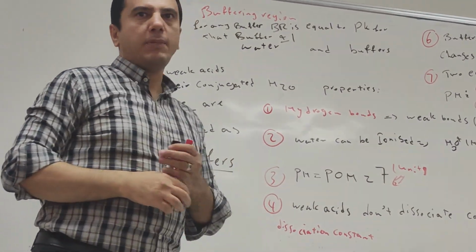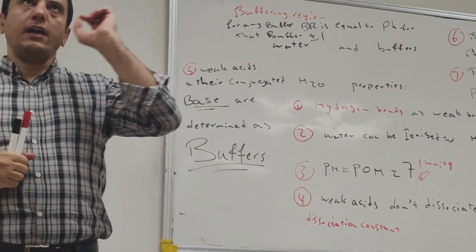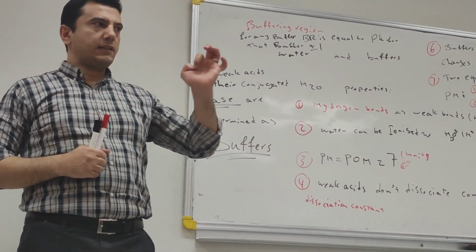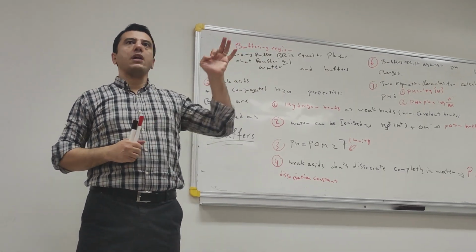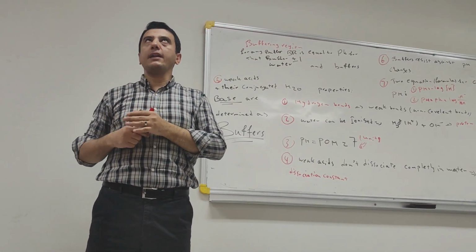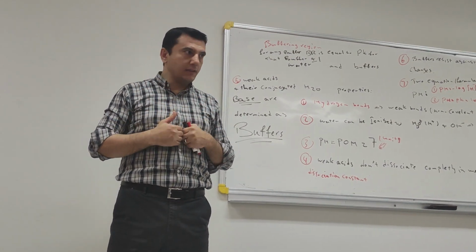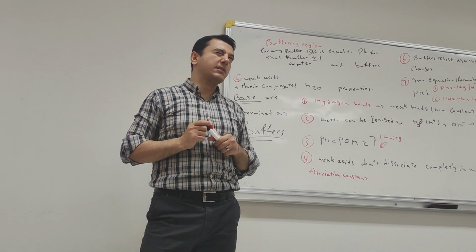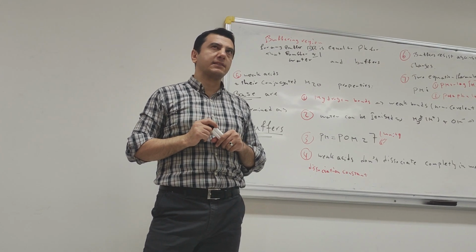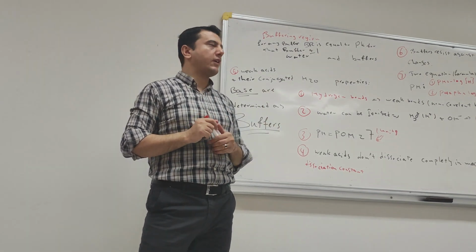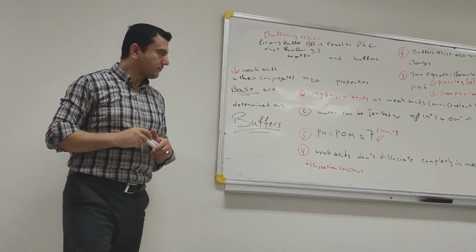For example, if a buffer has a pK equal to 5, then the buffering region is 4 to 6. For another buffer like the phosphate buffer in our cells, the pK is equal to 6, I think. So the buffering region is 5 to 7. Very good.